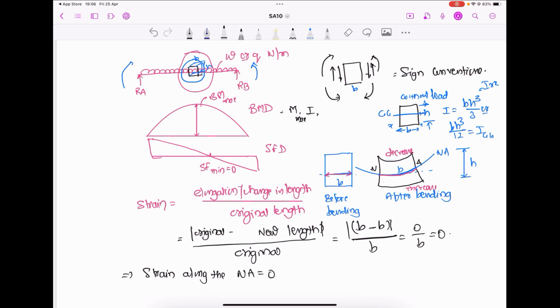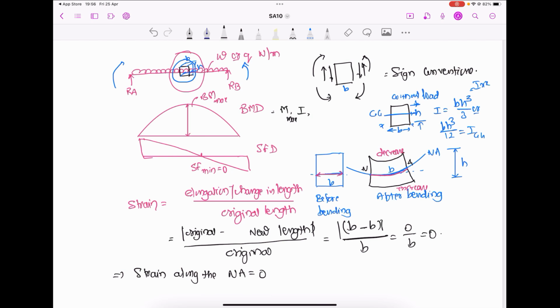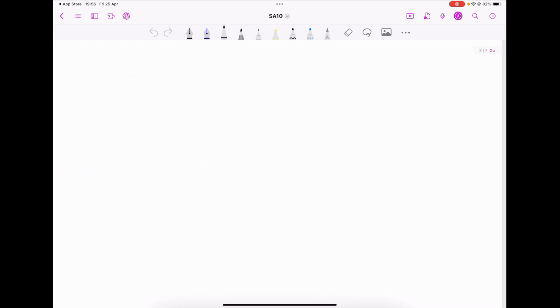If the length is reduced, what happens? If the length is reduced, strain will be negative if B is reduced from the original value.